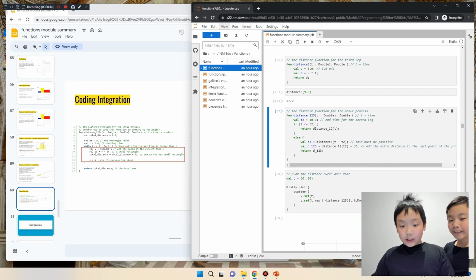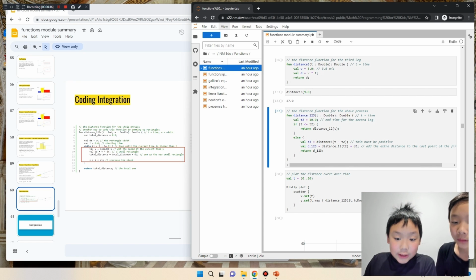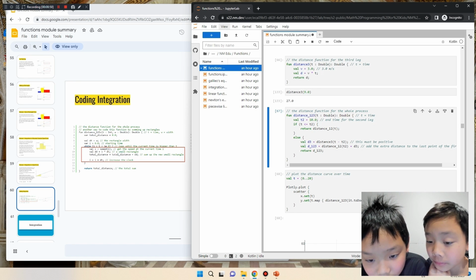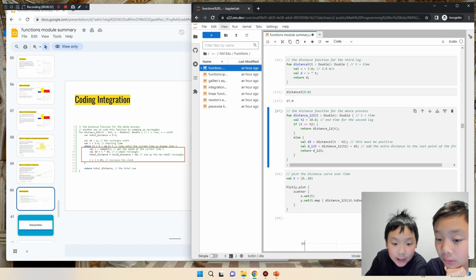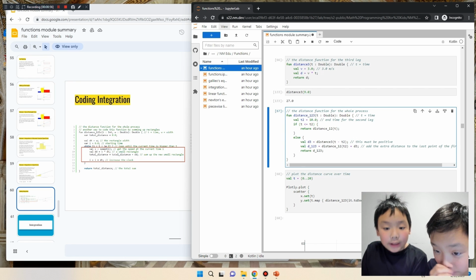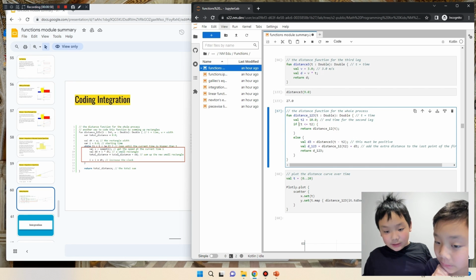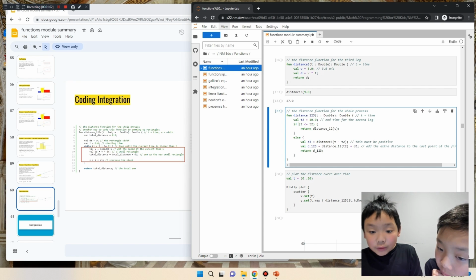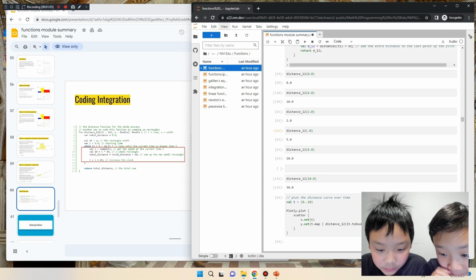This function right here though, it adds the distance 1, 2 function to the distance 3 function. So here we can see that the value of t2 is equal to 10. So if t is smaller than t2, then you use the distance 1, 2 function, which is the one up there that we just coded.